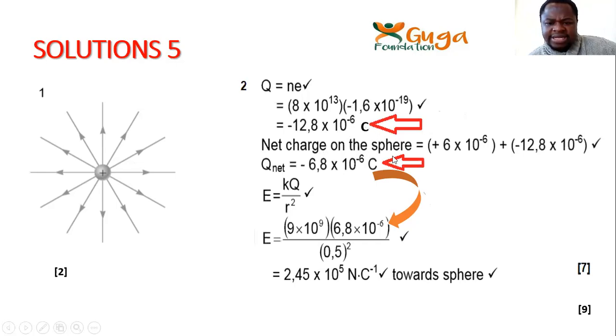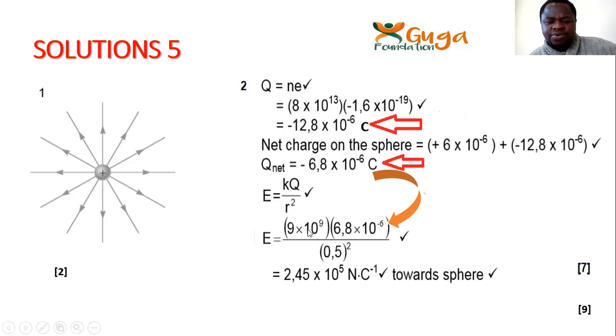So now the net charge on the sphere: you've got sphere Y here, 6 times 10 to the power negative 6, and you add it with this charge, negative 12.8 multiplied by 10 to the power negative 6. So you get Q total or Q net, which is equal to negative 6.8 times 10 to the power negative 6 Coulomb. Then you write the formula for electric field, E is equal to KQ over R squared.